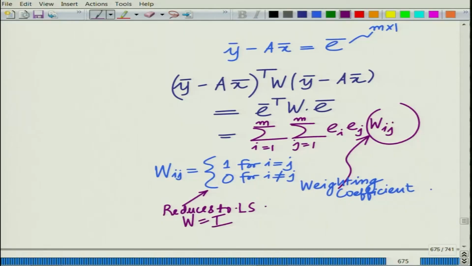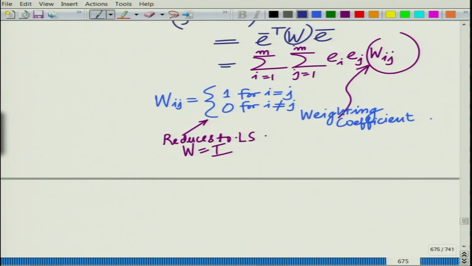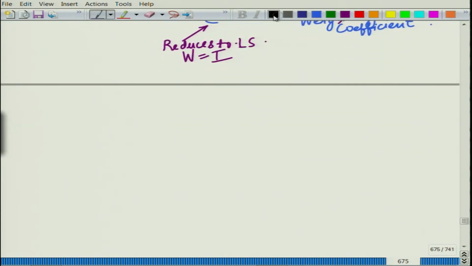Now, another important criterion for W is that you cannot take any W, because e bar transpose W e bar might not be positive. So we choose W to be positive semi-definite.